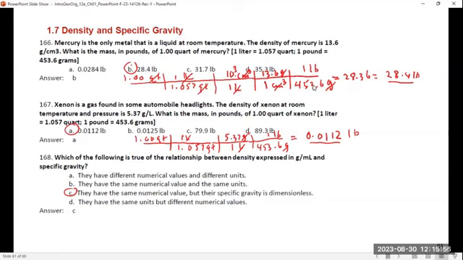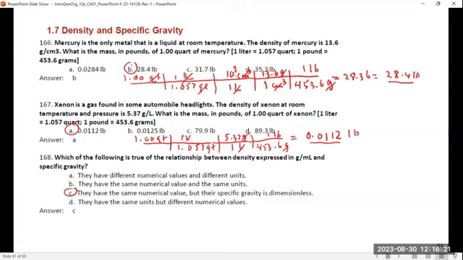The question is how many quarts of mercury. You start with 1 quart of mercury. Then you convert it to liters, 1 liter divided by 1.057 quart. That's the conversion factor here.